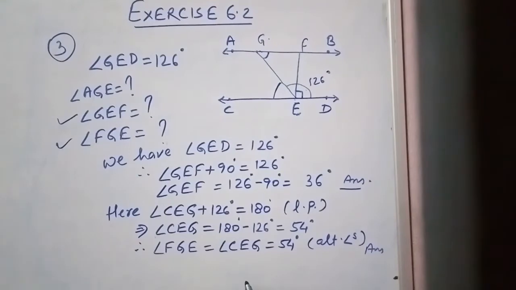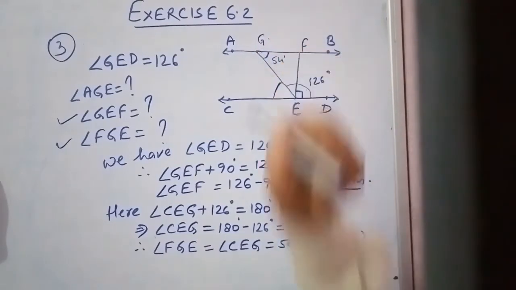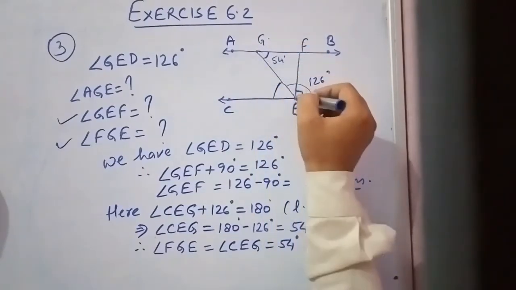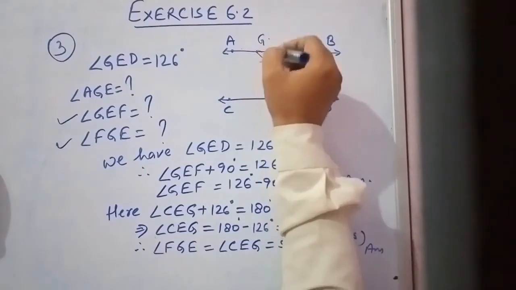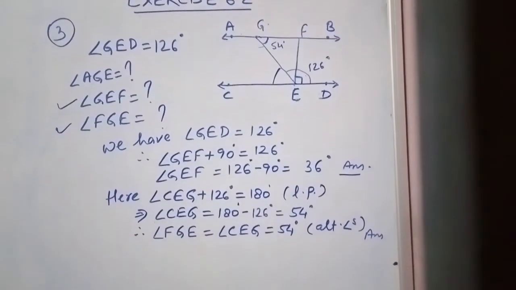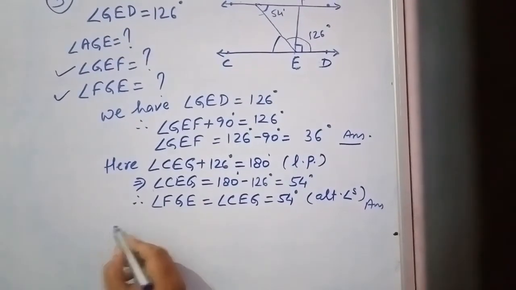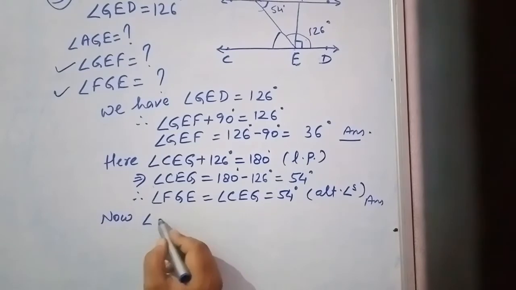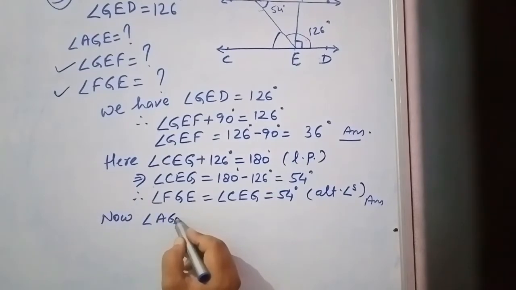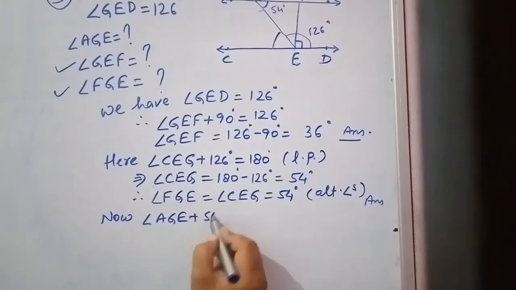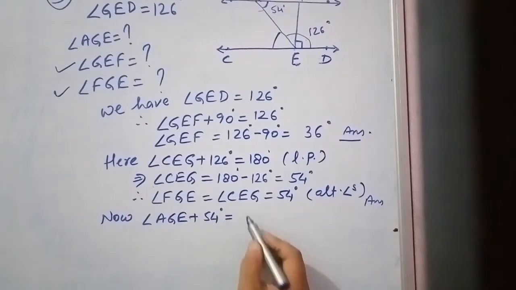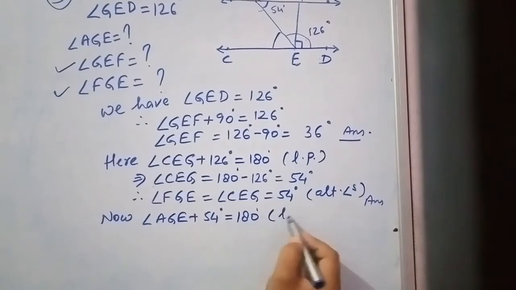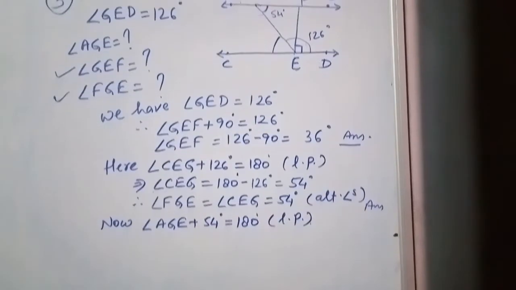Now angle AGE: since FGE is 54 degrees and AGE plus 54 equal to 180, that is a linear pair.